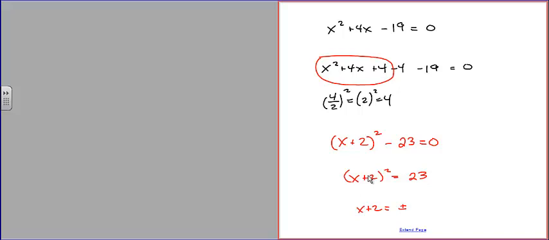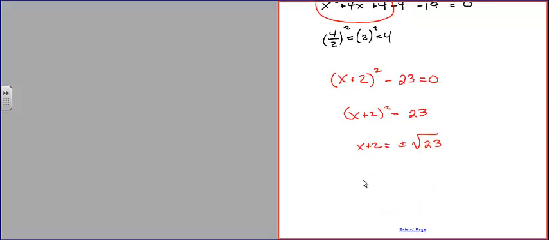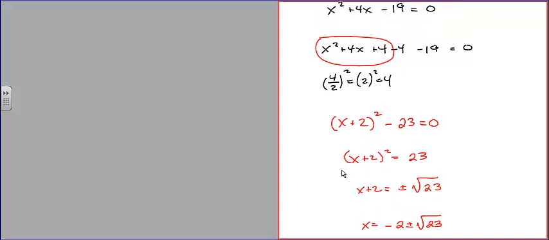The square root of x plus 2 squared is just x plus 2, but when you take the square root of 23, you get plus or minus the square root of 23. And then you would subtract 2 from both sides. So you get negative 2 plus or minus the square root of 23. So those would be the two zeros. This is where we want to get to when it comes to completing the square for analytic geometry.